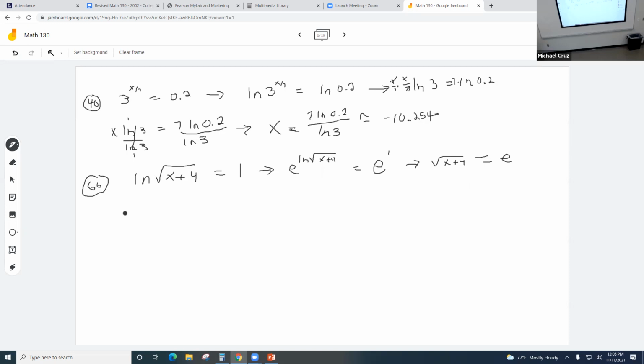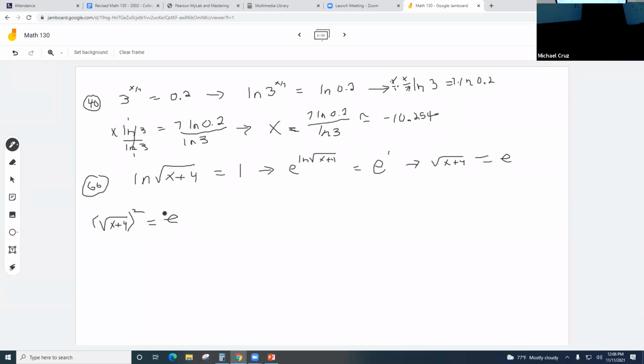All right, so now how can we solve that? Well, this is something that we had in 9.7, one of the last things that we go over. In order to get that x out of that root, we got to square both sides, which means this is going to pop out.